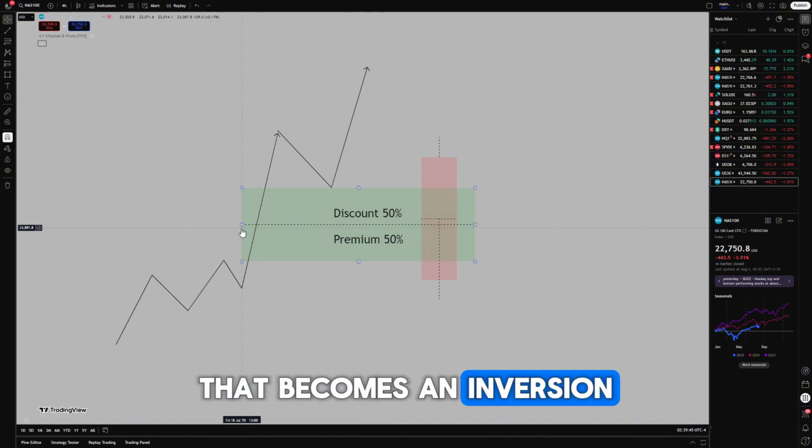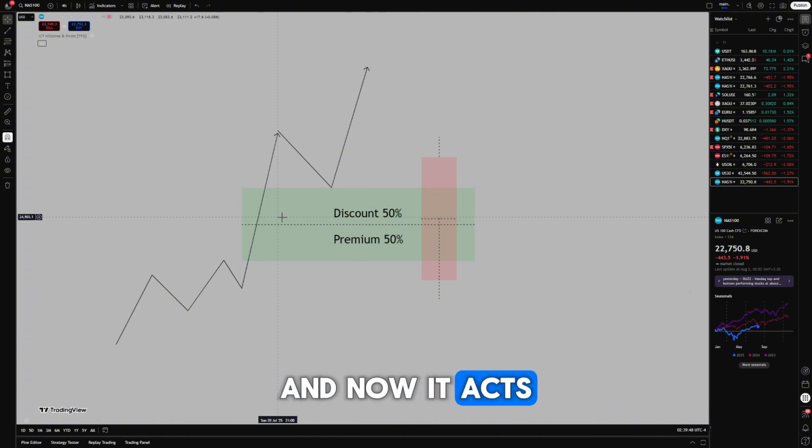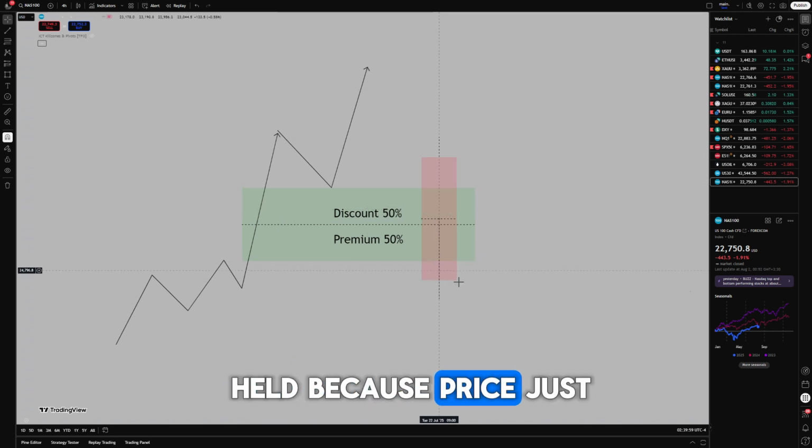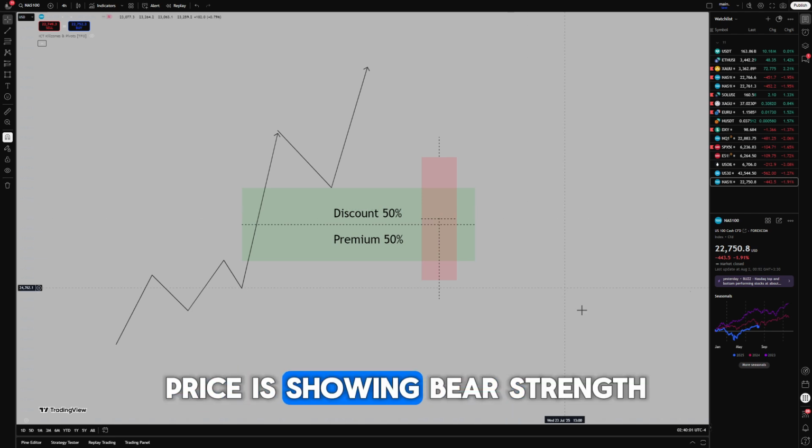That becomes an inversion fair value gap, and now it acts as the opposite of what it was. So if it was a bullish fair value gap and we inversed it, it becomes a bearish inversion gap. And it must be held because price just disrespected it. Price is showing bearish strength.